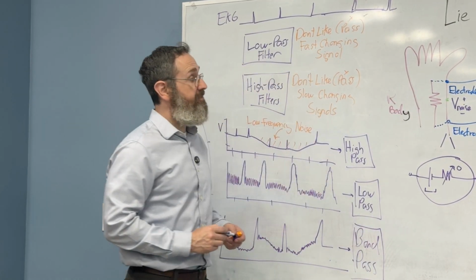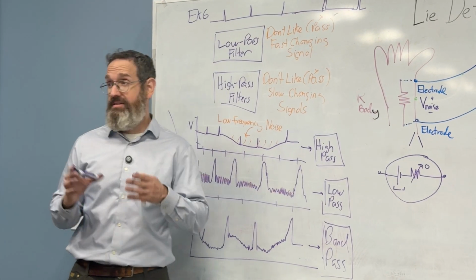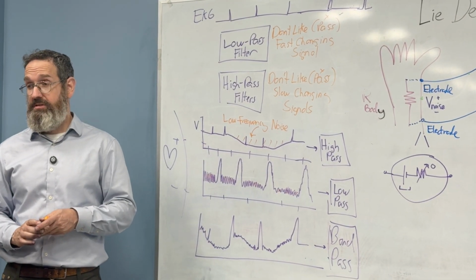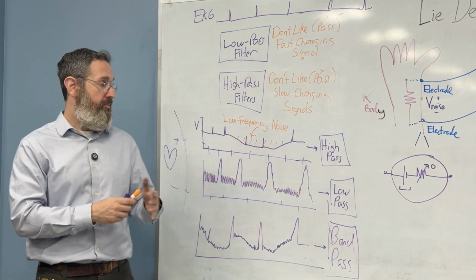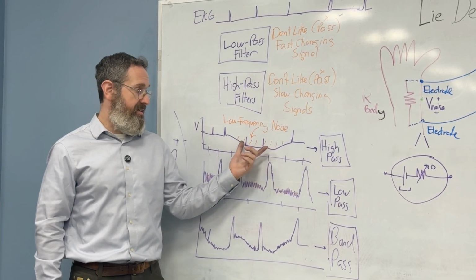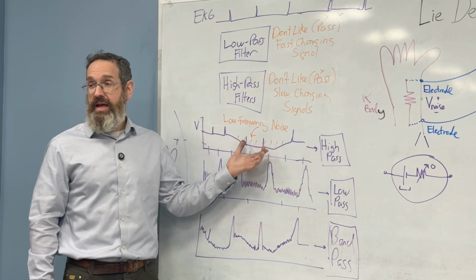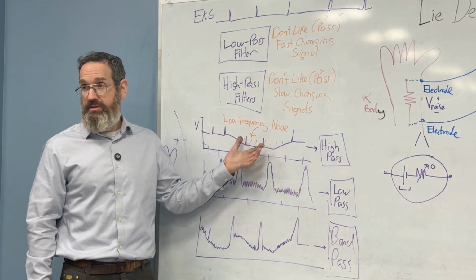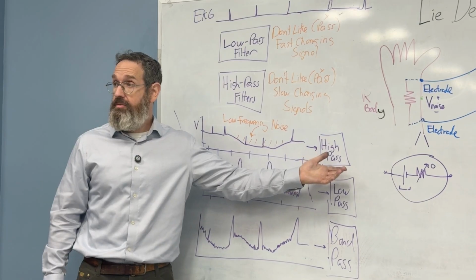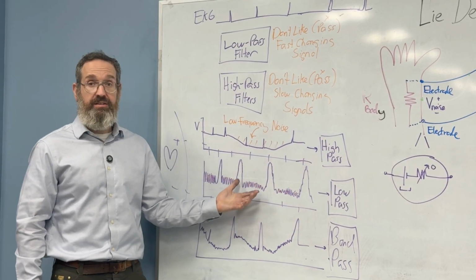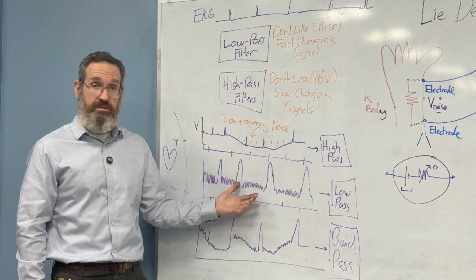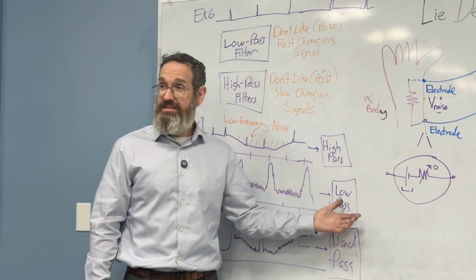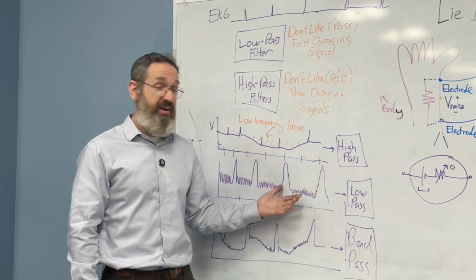Now, this is a different way of thinking than all of that sinusoidal frequency component stuff, but it's a different road to the same spot. Because in this case, what I'm saying is that the noise is made out of slow sinusoids, and therefore it will be removed. And in this case, I'm saying that the noise is made out of fast sinusoids, and therefore I need a low pass, because a low pass does not let the fast sinusoids through.